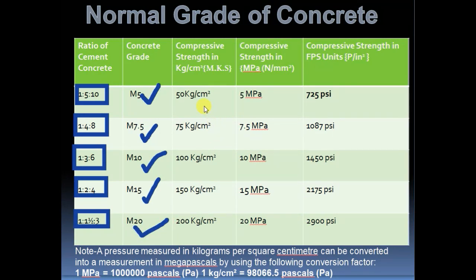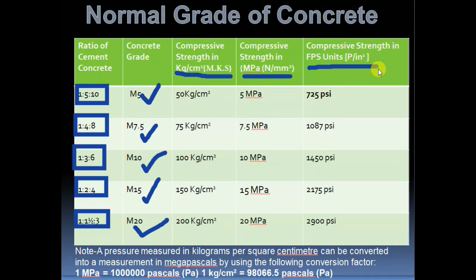Then we have the compressive strength in kg per centimeter square, that is in the MKS system. You can go through these things. Then we have it in Newton per mm square, and here we have the compressive strength in the FPS system.